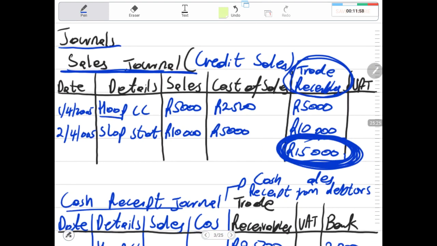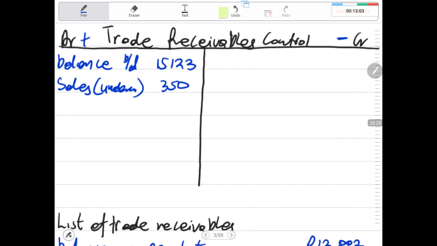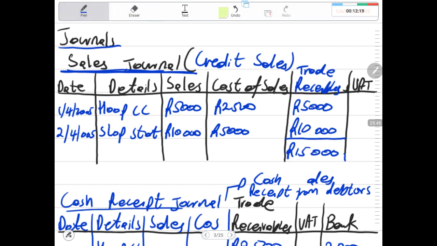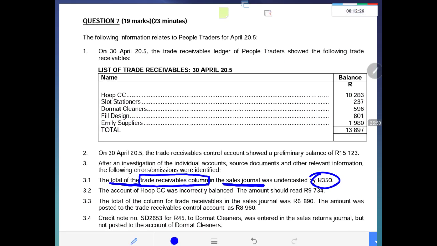So if this total is undercasted or underestimated, that means the debit side of the trade receivables control is underestimated. Remember, they are not referring to the individual account. They did not tell us the name of the customer. No, they are talking about the total amount of the trade receivables control column under the sales journal. Now, we have dealt with that and recorded it on the correct side.